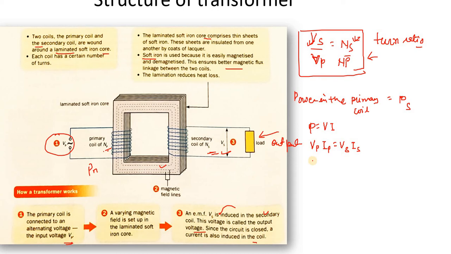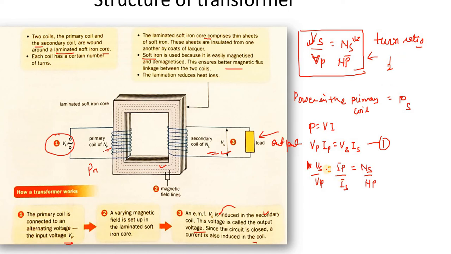So you can arrange this part. Vs by Vp is equal to Ip by Is, and so it will be equal to your Ns by Np. So this is the data we have got if you combine this equation and this equation.